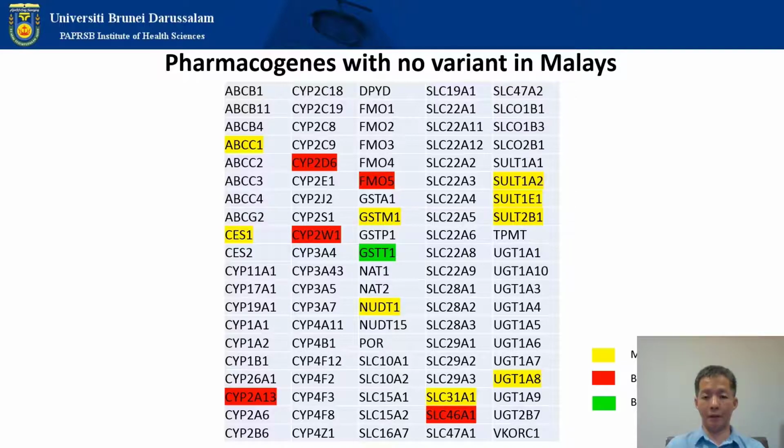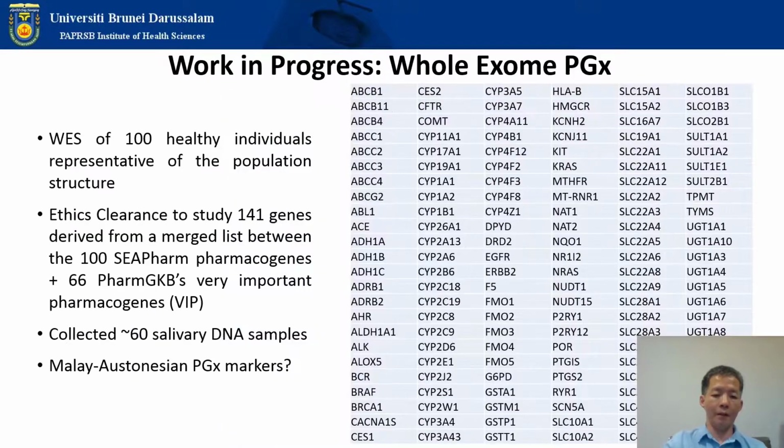And there's one gene here, GSTT1, where both Malay groups in Brunei and Malaysia have no identifiable pharmacogenetic variants.